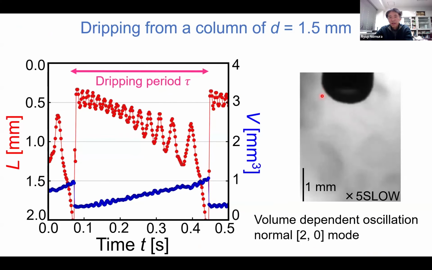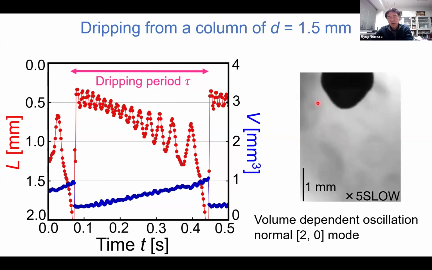The droplet edge is pinned at the corner of the column. And from this motion, you see that just after the pinch off, it oscillated in a shorter period. And as the liquid grew, it oscillates in a longer period. It oscillates in a short period initially, and it becomes longer. I'll show it again.